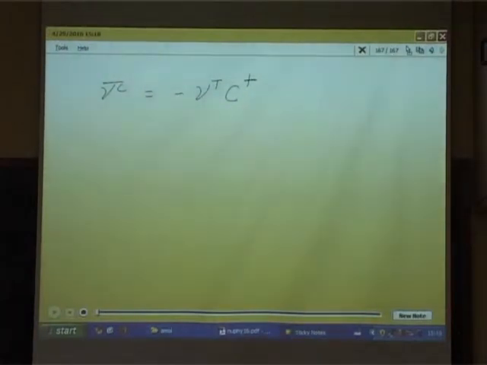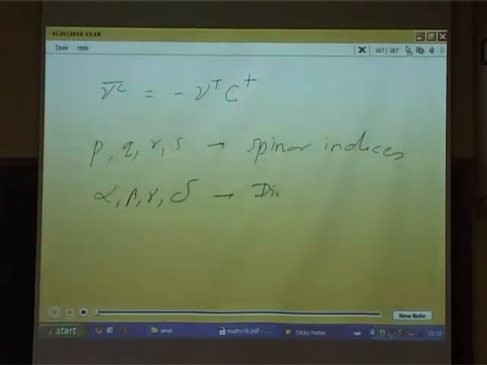Usually I use PQRS for spinor indices, then alpha, beta, gamma, delta for Dirac indices, so space-time indices.